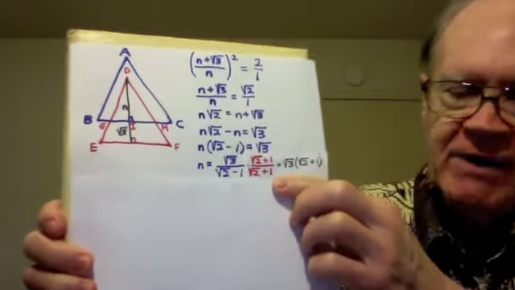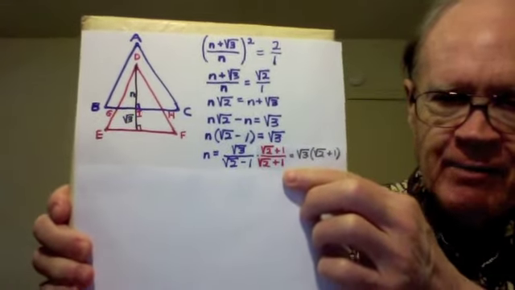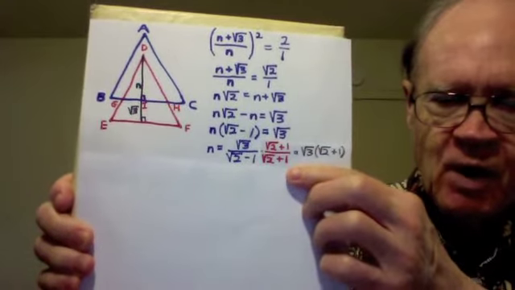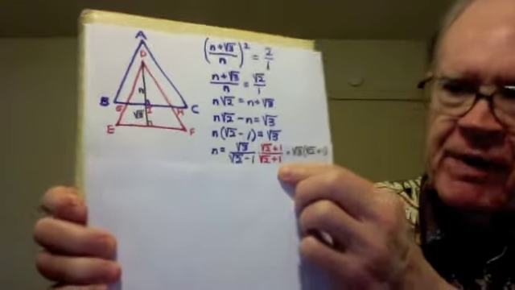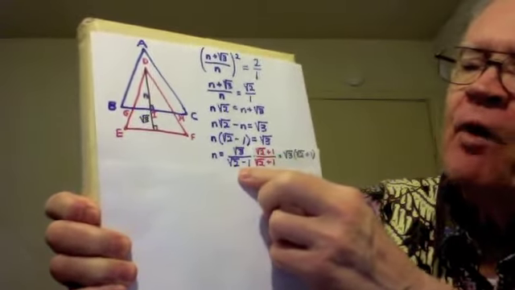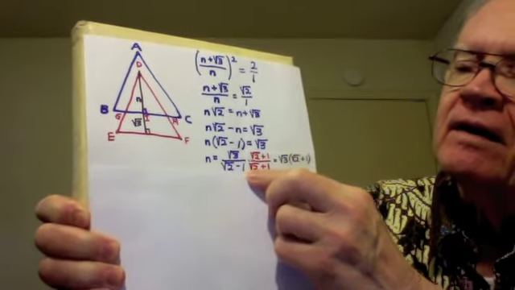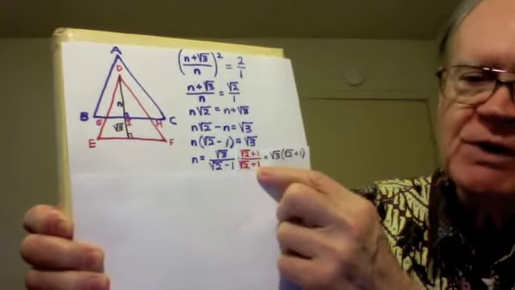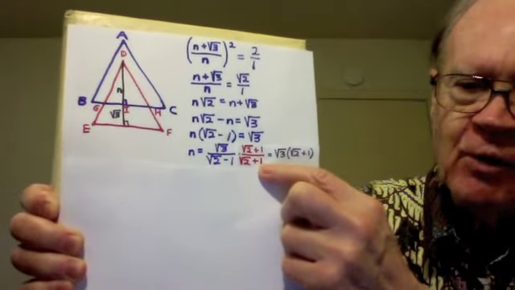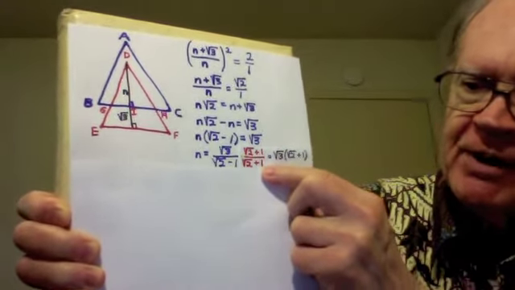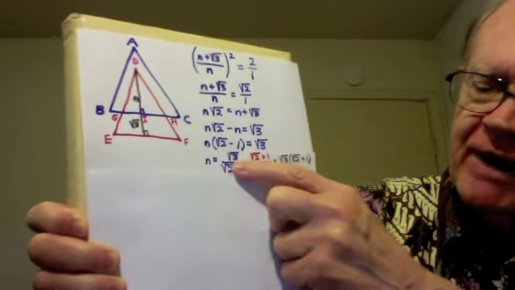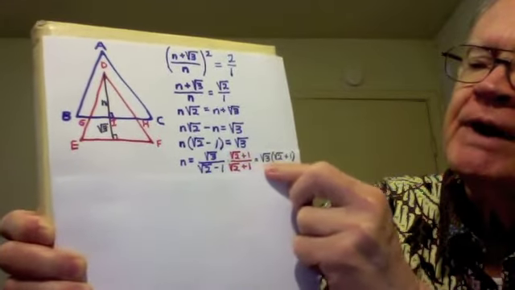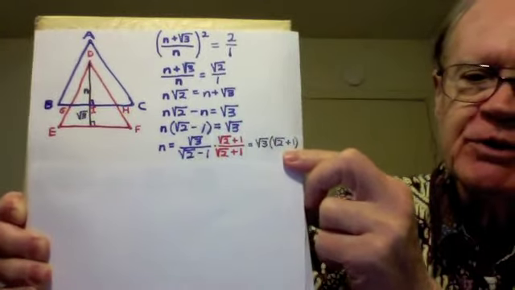The method for doing that is to multiply numerator and denominator by root 2 plus 1. When we do that and we FOIL the two denominators, we get 2 minus 1, which is just 1. So with denominator 1, we drop the denominator, and we find that N equals root 3 times root 2 plus 1.